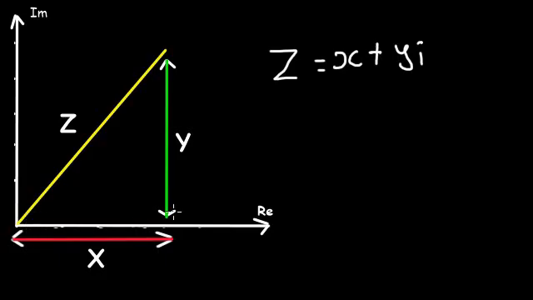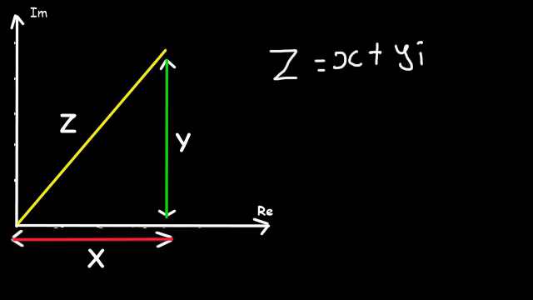Then you move that many units along the real axis. Then you repeat the same thing for the imaginary axis. You move along that same unit. Then you find the point of connection. If this is along the real axis and this is along the imaginary axis, drawing a line to join these two distances, then we have the complex number itself. So that's how to easily represent a complex number on an Argand diagram.